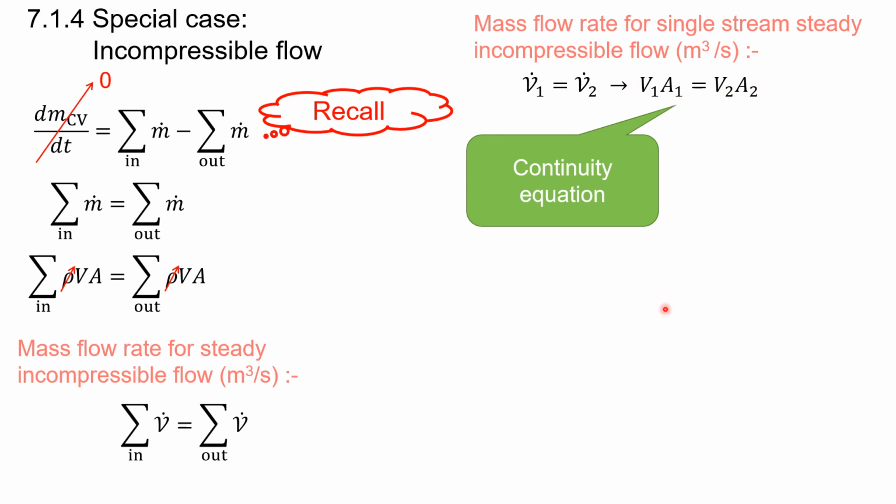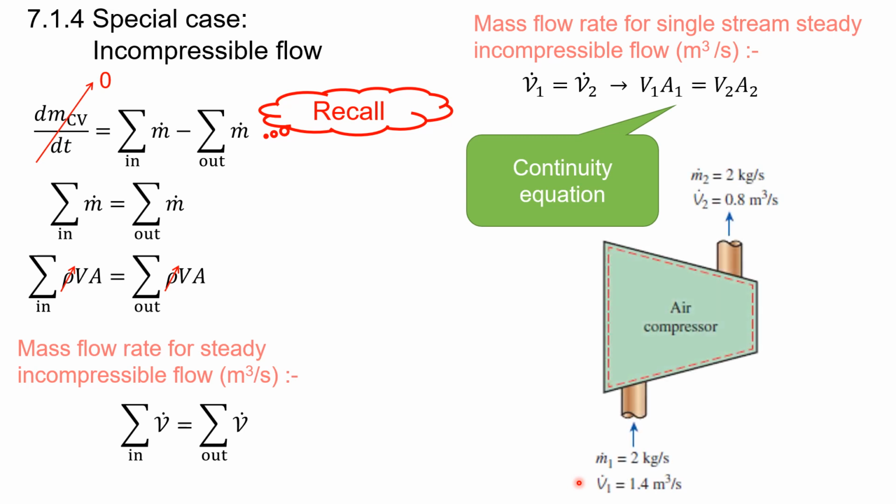This is the continuity equation. You can check something like this. Single entry, single exit is easier for us to calculate using the equation of continuity.